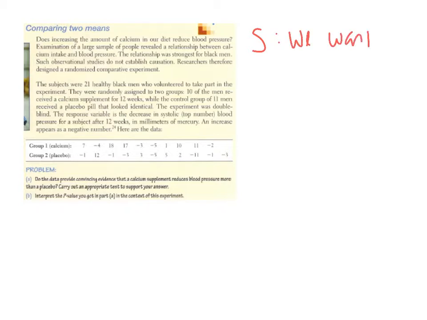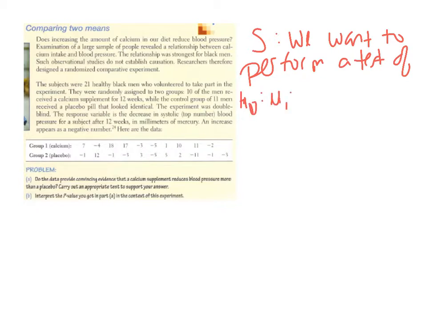We want to perform a test of. And so our null hypothesis, we have our two options, right? Our null hypothesis can be mu1 minus mu2 is equal to 0, okay? Or it could be mu1 equals mu2. You do not have to do both of them. This is an either-or situation, okay?